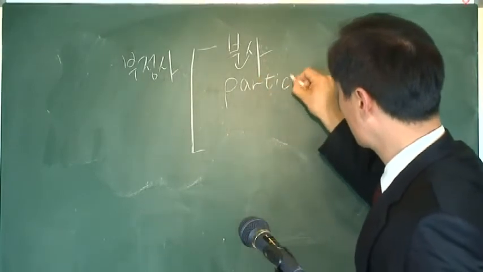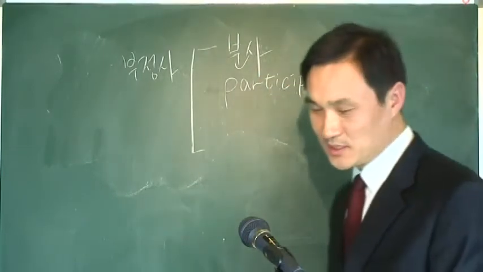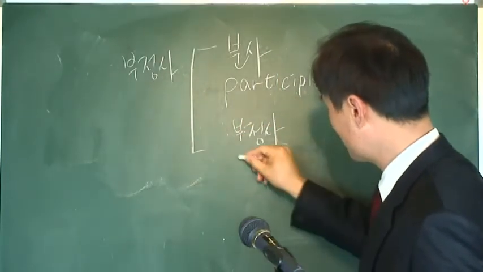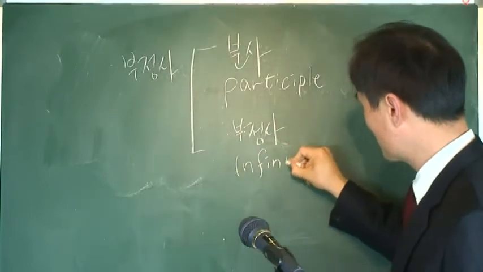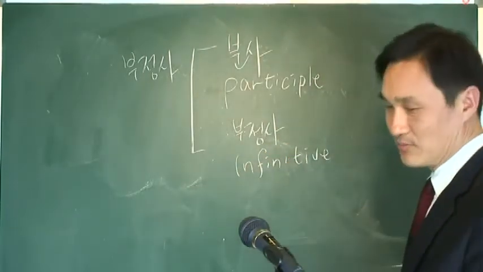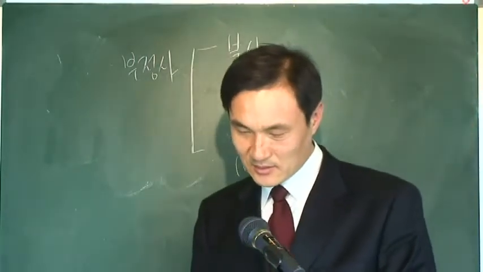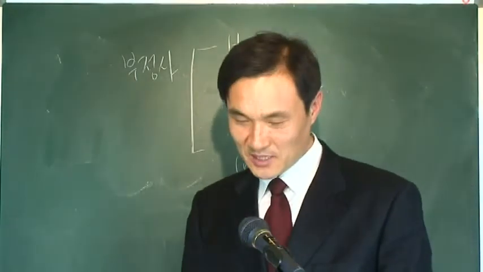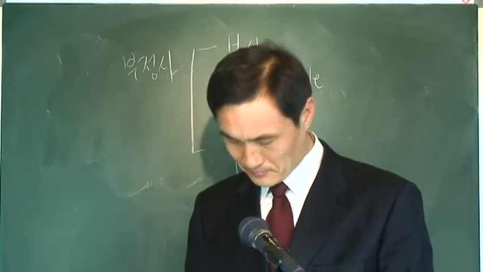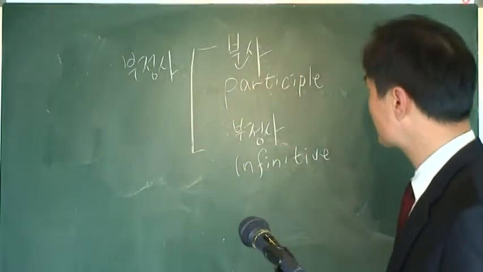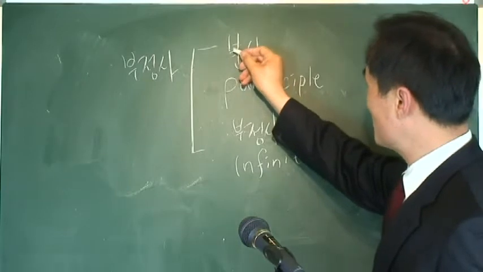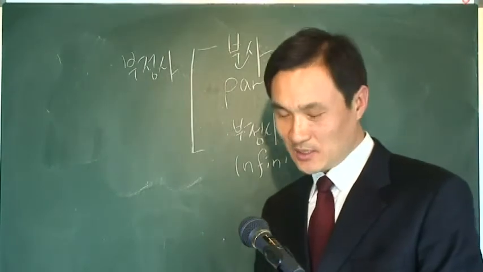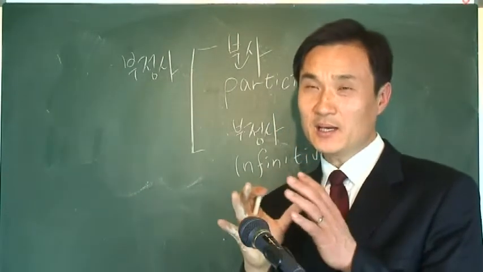First is the participle. Second is the infinitive. The participle is a part of speech that has the same nature as that of nouns and verbs. It has the character of nouns, and it also has the character of verbs.